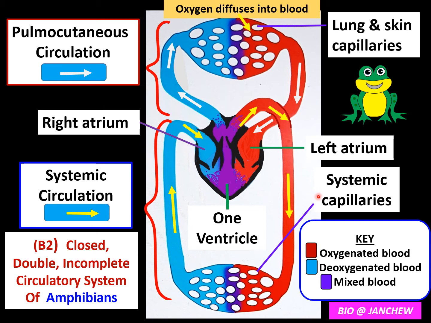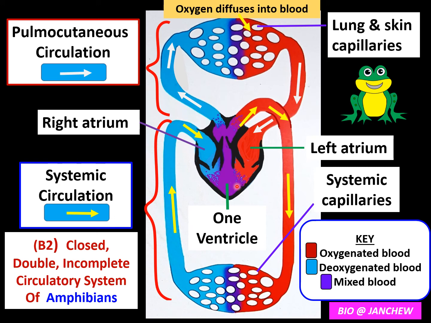Okay, so the systemic capillaries will supply blood to the body tissues in the different organs of the body. Then what about the term incomplete circulatory system? In the incomplete circulatory system, the deoxygenated blood and blood that is oxygenated mix in the single ventricle, because there's only one ventricle.